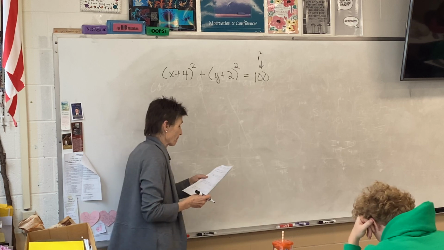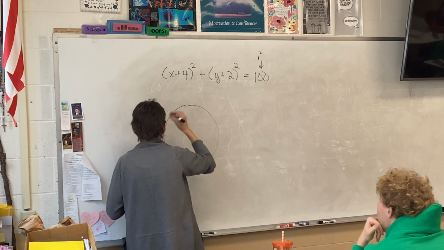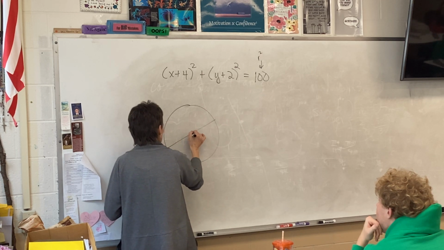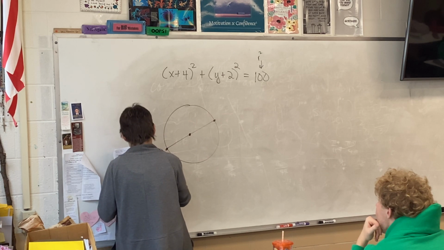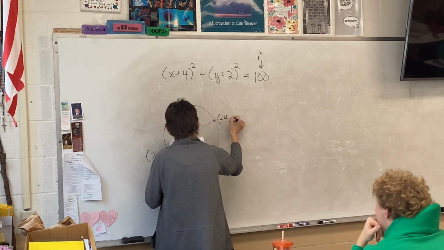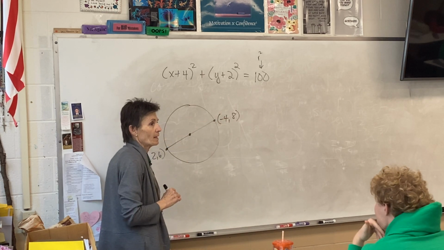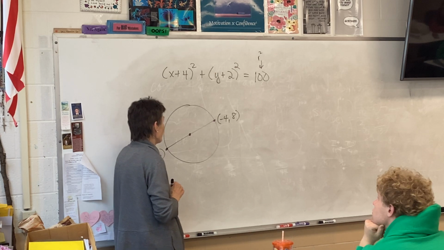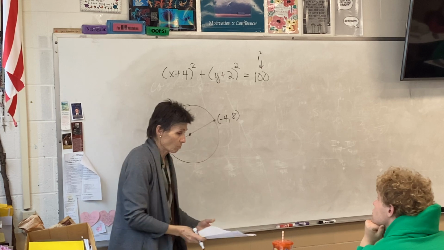Now, this one, same problem, except I don't know the center and the radius. All I know is that these are the endpoints of a diameter. So, how am I going to come up with the center and the radius for this one?